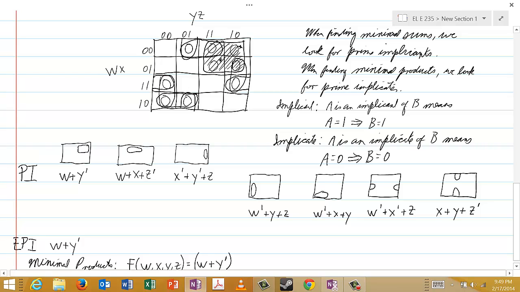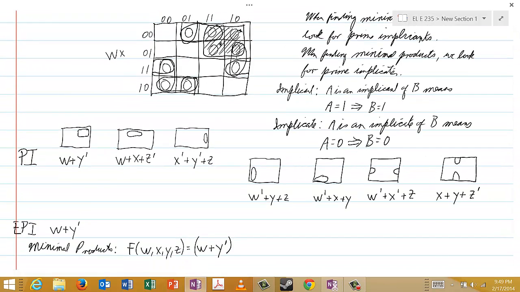So let's go ahead and start thinking along those lines. Now this prime implicate that we've just been talking about, the one that starts here and continues on the bottom, is this one, X or Y or Z prime. So I'll have X or Y or Z prime. And that would take care now of these 2 zeros.